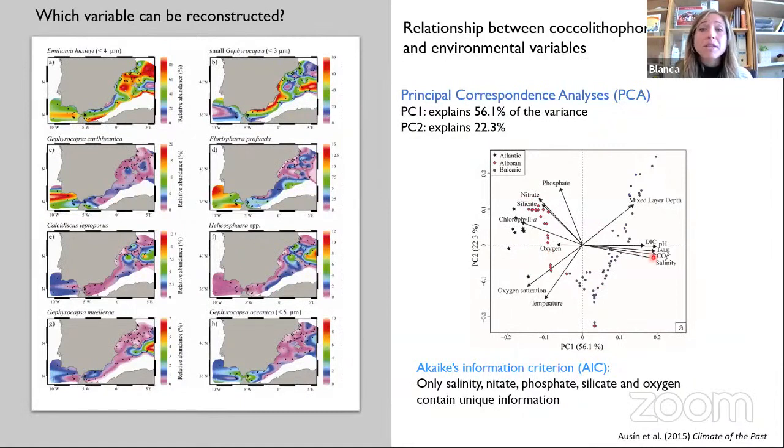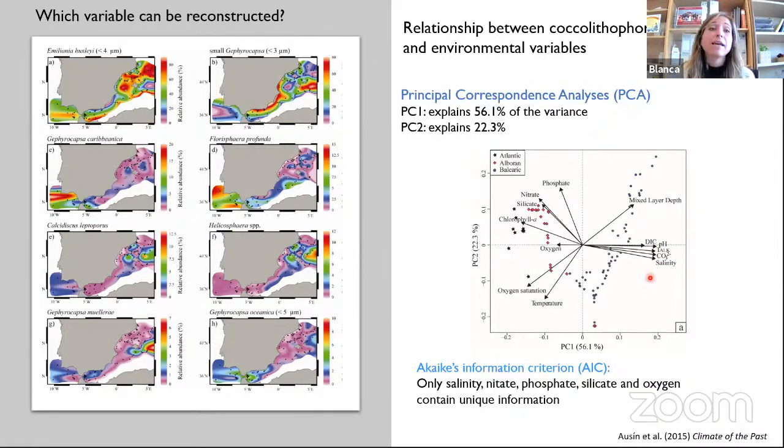At first, we would need to identify the variables that explain the variance in the coccolithophore training set independently. In other words, we want to exclude collinear variables because they introduce redundant information and complicate the interpretation of the analysis. For example, here we can see that all these gradients are correlated.